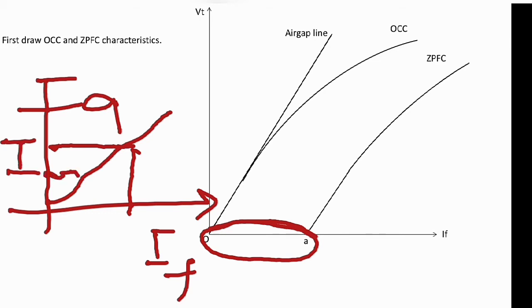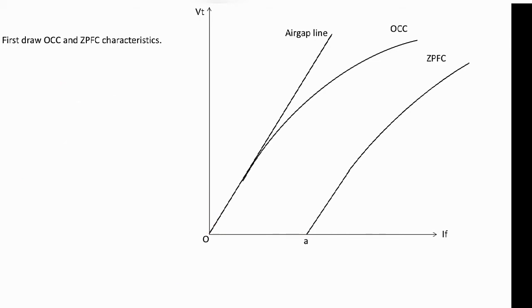Here we get the rated armature current, and in ZPFC there is always a constant armature current. That is a property of the ZPFC characteristics. So here you get OA, and this field current compensates two types of MMF.